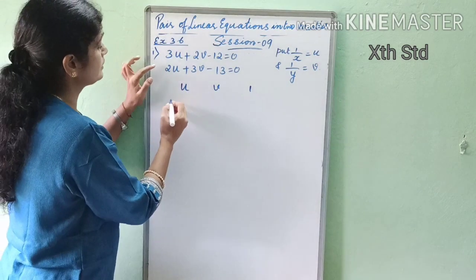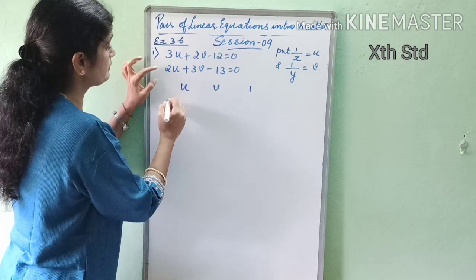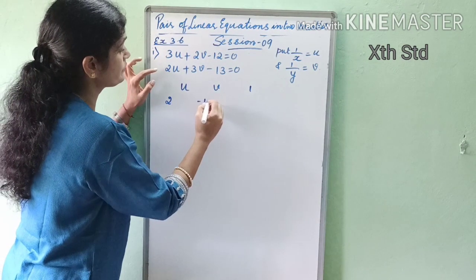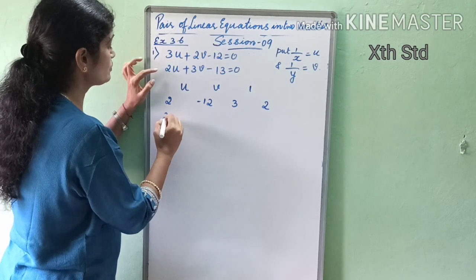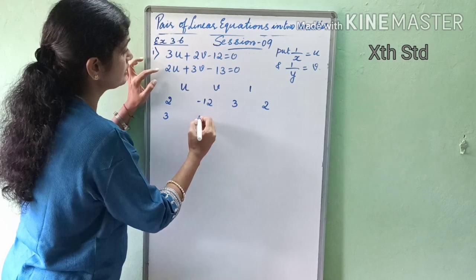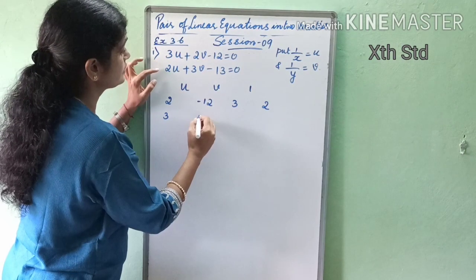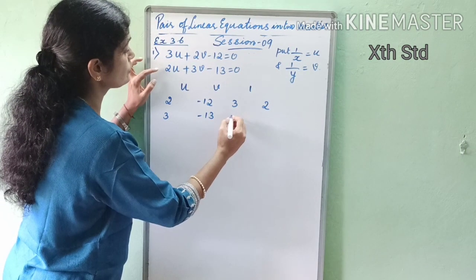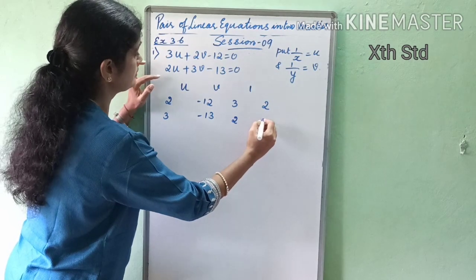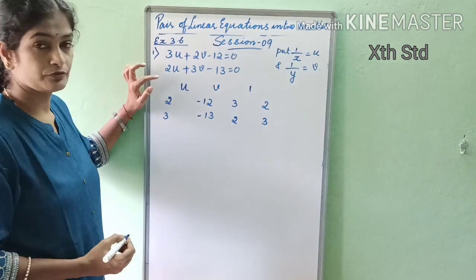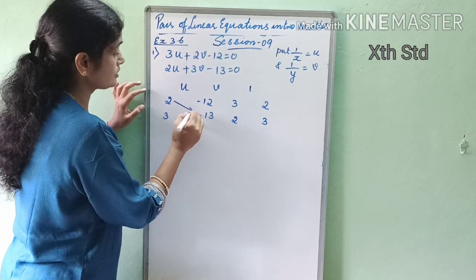Then the coefficients b1, c1, a1, b1, b2, then c2, where c2 is minus 13, then a2, then b2. Fine. Then these arrows.